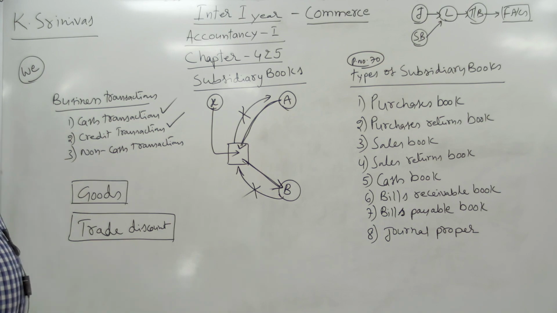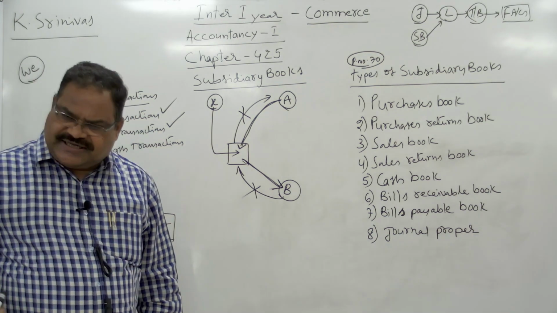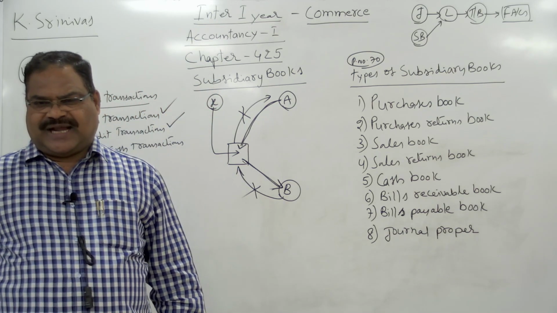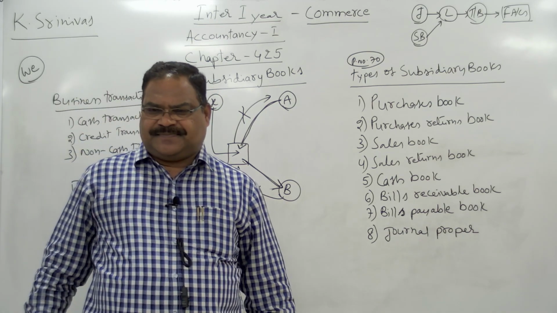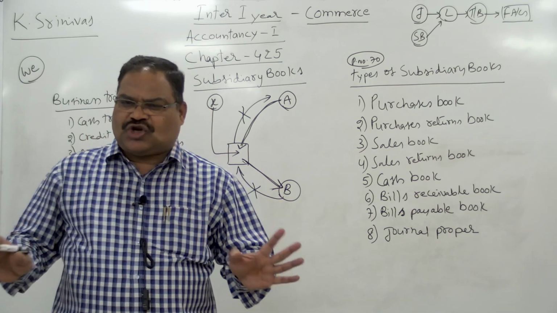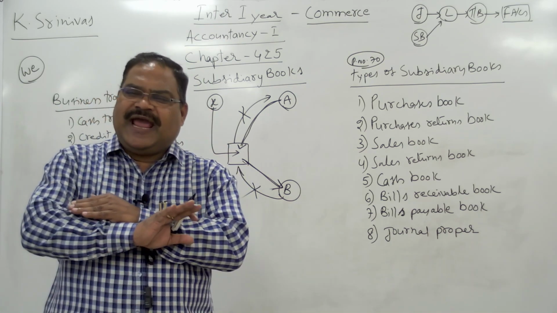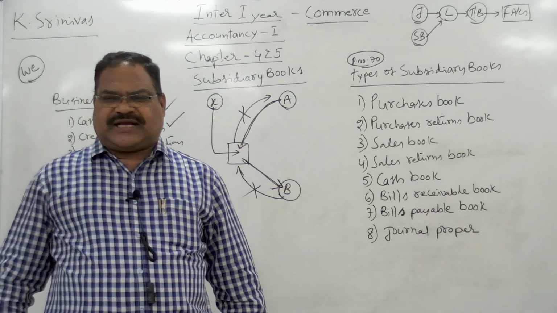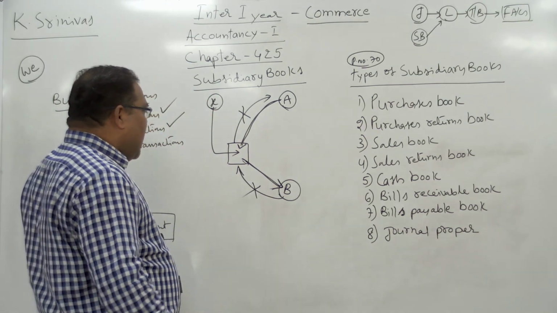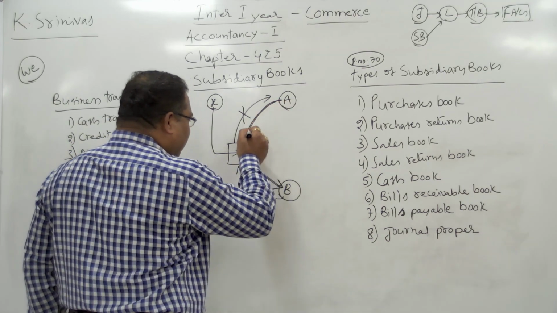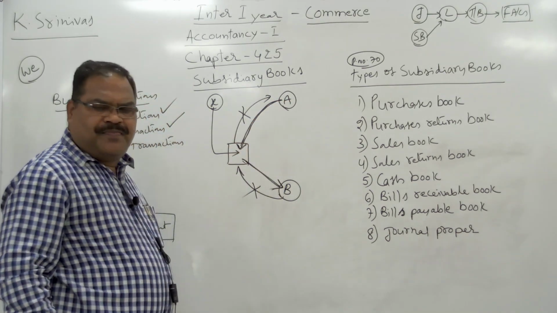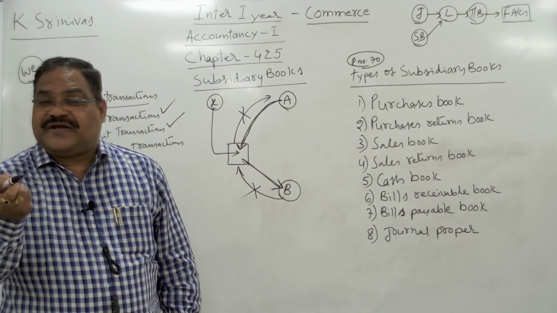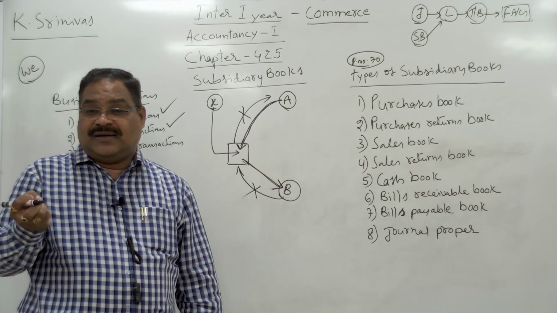The last one is the non-cash transaction. This is neither cash nor credit. I'll make it very clear about this. This is not a cash transaction, at the same time this is not a credit transaction. This is a totally different type of transaction. For example, assume that we have purchased goods from Mr. A and the articles which we ordered, we didn't get.